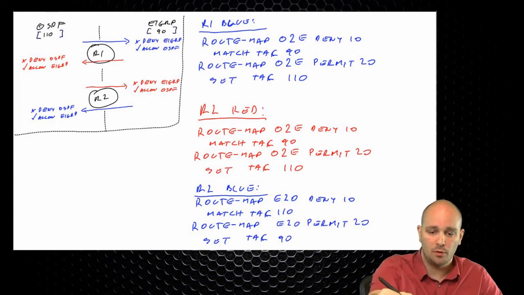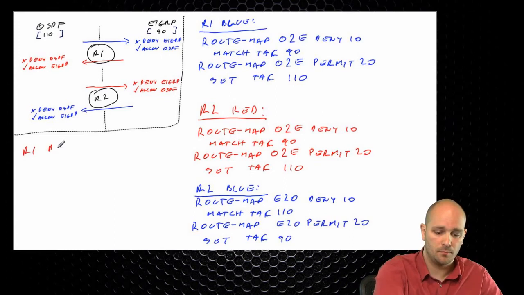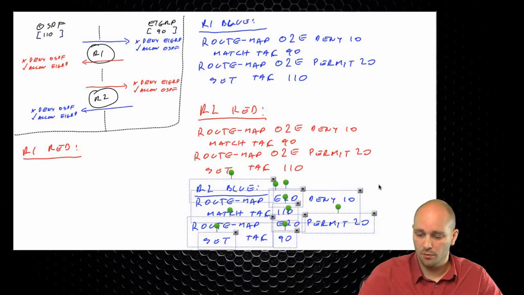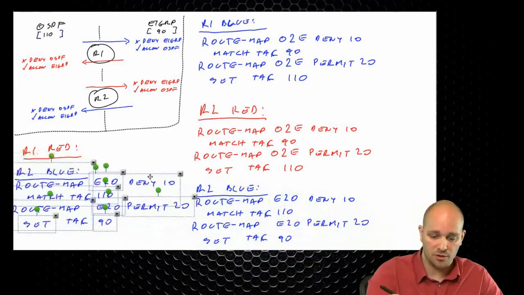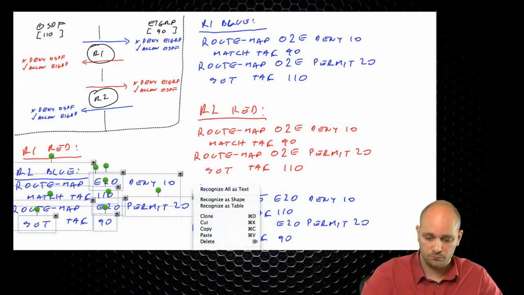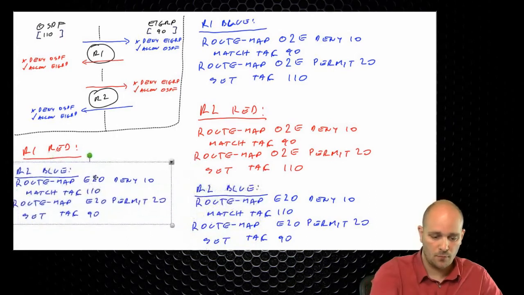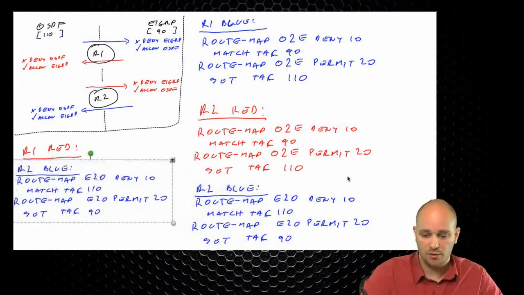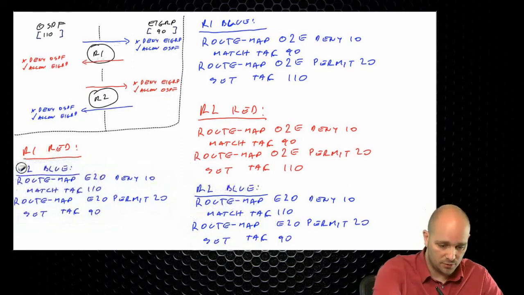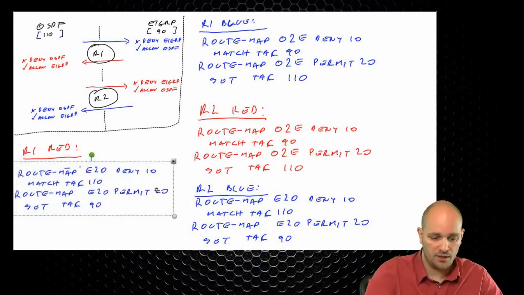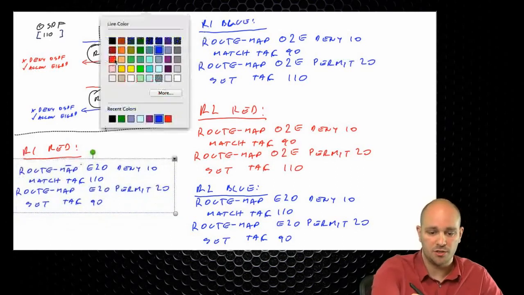And last but not the least, let's do R1 red, which is going to be, good news, this exact same configuration here, except we need to change a couple of things here. So this is not correct. Like so. Let's move it up here, and the color changes to red.